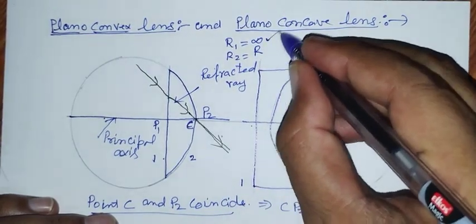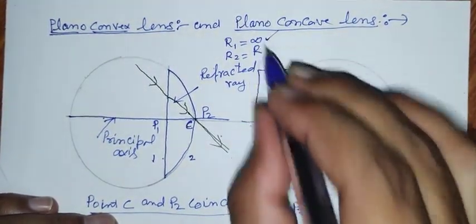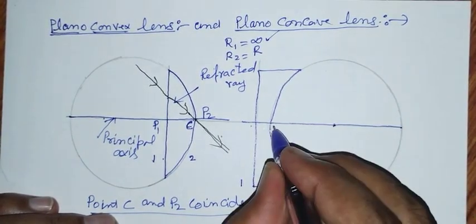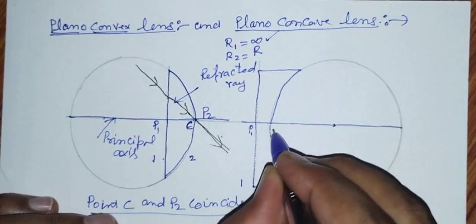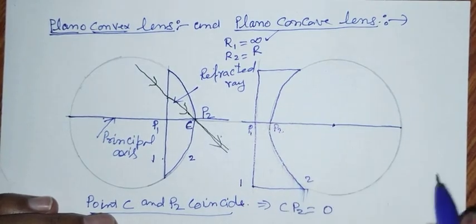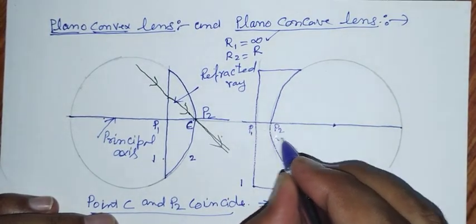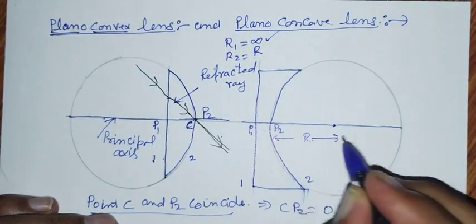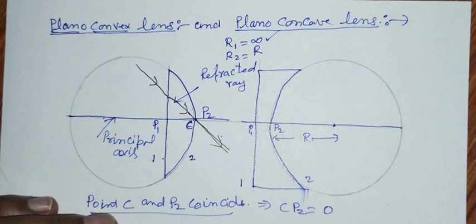The first side is plane, so its radius of curvature is infinite. On the second side, there is the center of curvature, P1 pole, P2 pole. R2 is equal to R here.